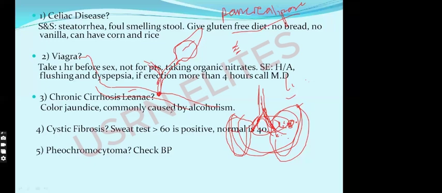I don't understand your question well because I've not mentioned fluids here. But maybe someone understands what she's trying to ask. Please, let us help our sister. I think you are trying to say that for people with cystic fibrosis, we try to resuscitate them with fluids. Is that what you're trying to say?